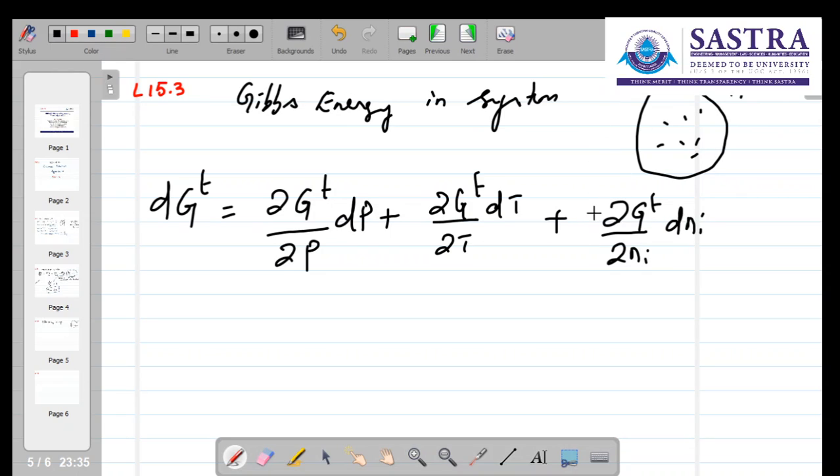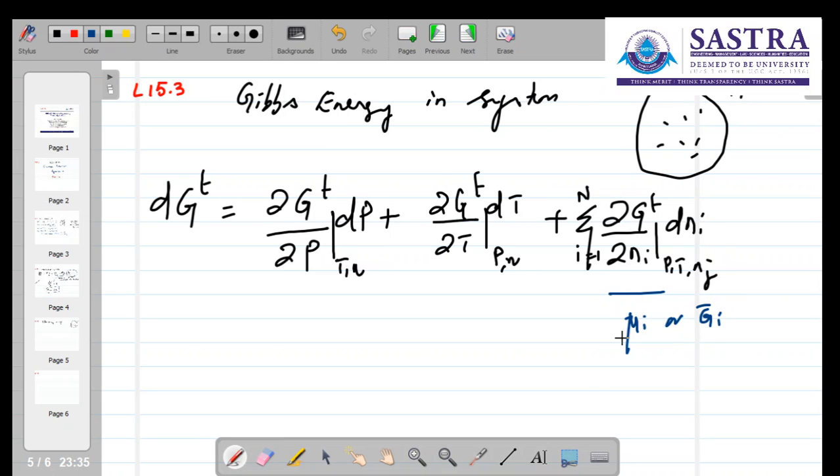And because we have a number of species, this has to be summed up for every species from 1 to n. This i goes from 1 to n. Now obviously these are measured at constant temperature and pressure, and the moles of all other species other than this are held constant. Now if you recollect, this is what we write as the chemical potential or the partial molar Gibbs energy.